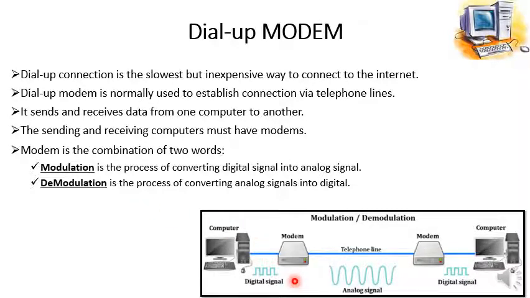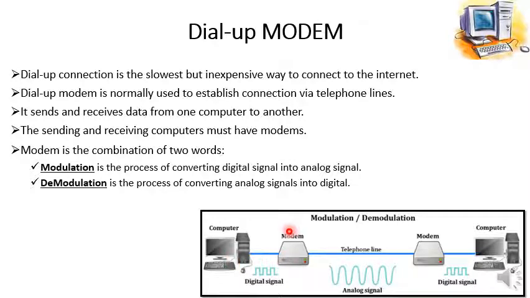While receiving data from the telephone line, the data passes through the modem to the computer, and the modem converts that analog signal into a digital signal for easy processing by the computer.